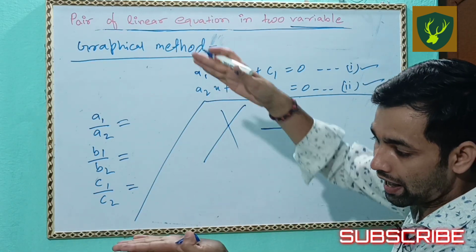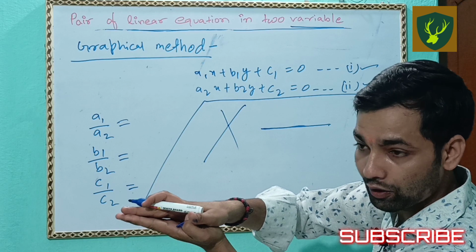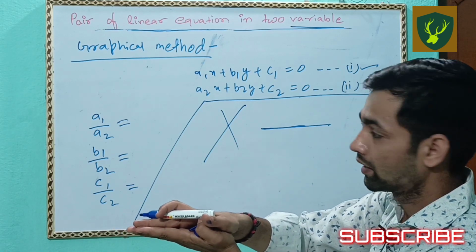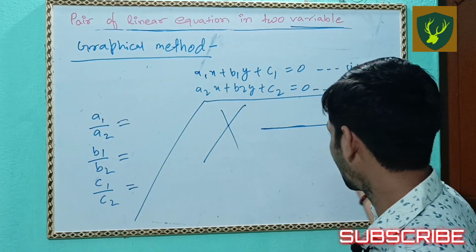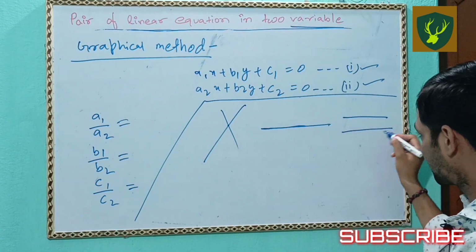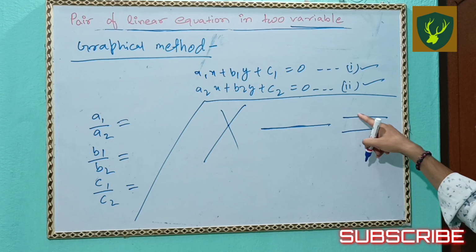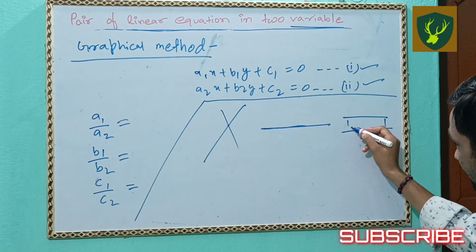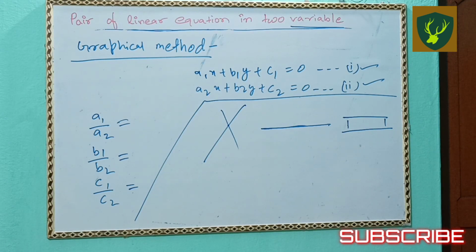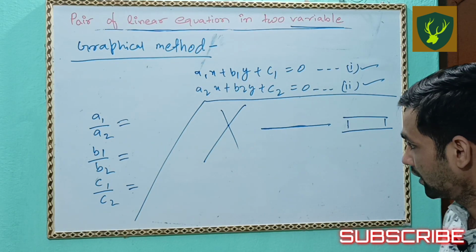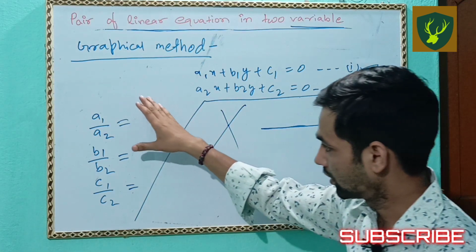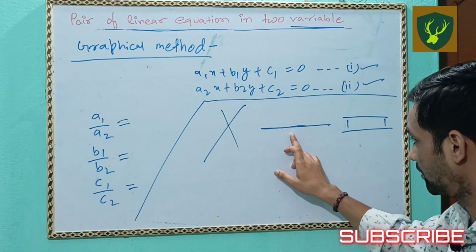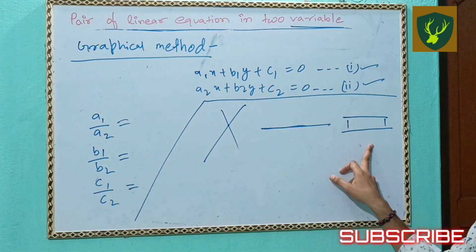The third one is parallel, which means both lines keep an equal distance from start to end. Okay. Now we will see when it will be intersecting, when it will be coincident, and when it will be parallel.